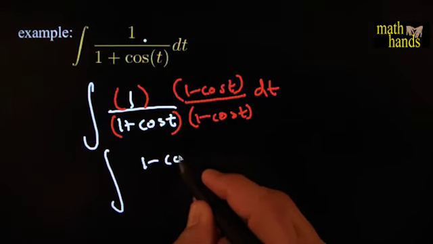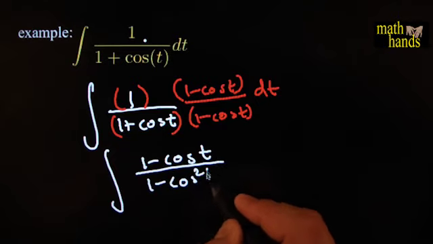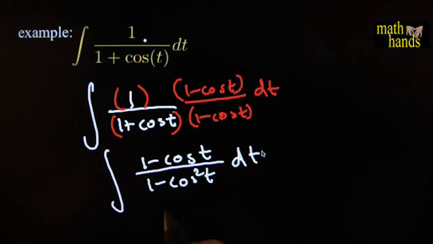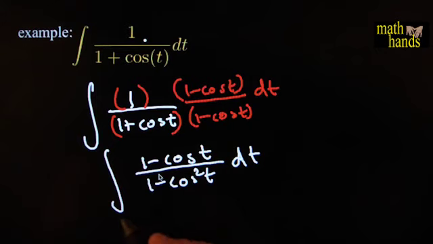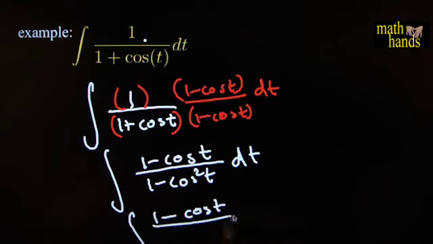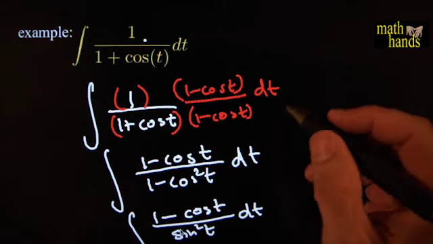1 minus cosine t all over 1 minus cosine squared t dt. Well, isn't that nice? The 1 minus cosine squared t can be exchanged for a monomial, for a sine squared t, as a matter of fact. And the reason that's important is because then you can separate it into a couple of fractions.